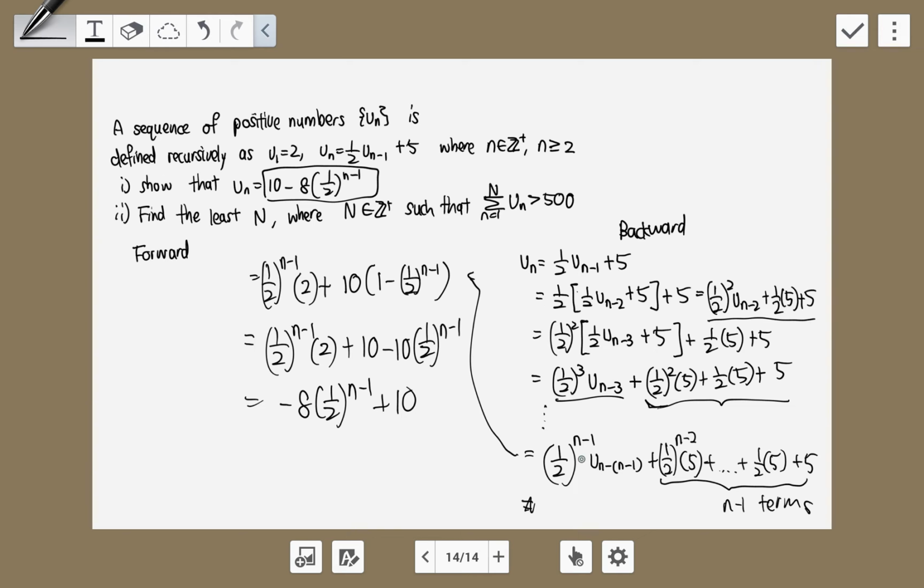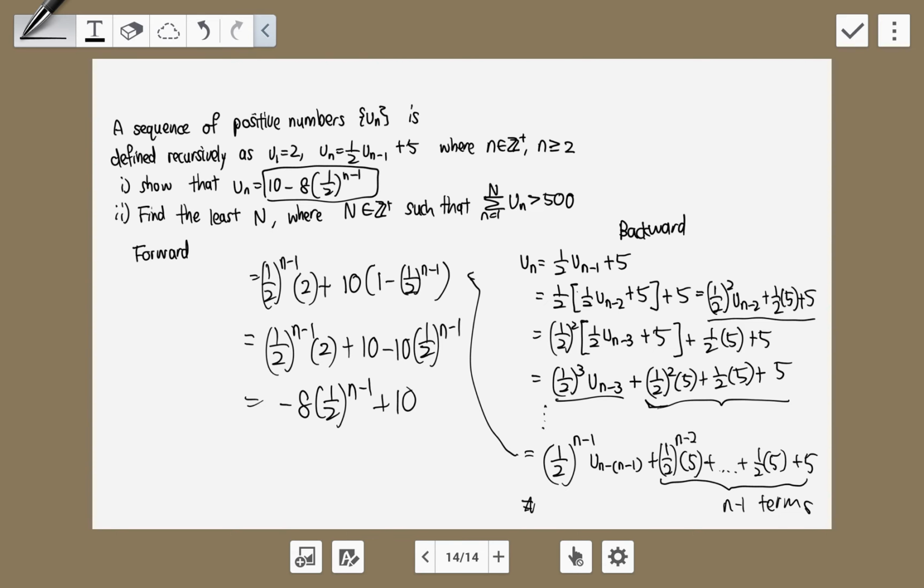Then you analyze the relationship between this number and the rest of the numbers, and you will be able to express all of them in terms of n. Then you will be able to analyze the number of terms in the geometric progression, and you apply the Sn formula. The same idea, you need to apply the Sn formula for geometric progression in the forward method as well.